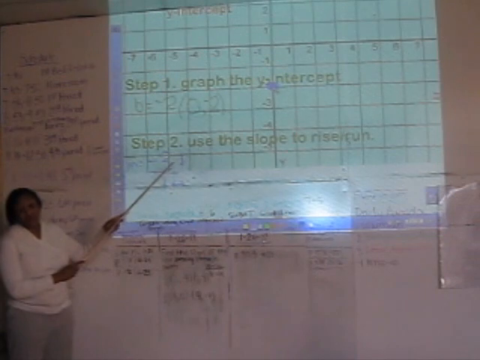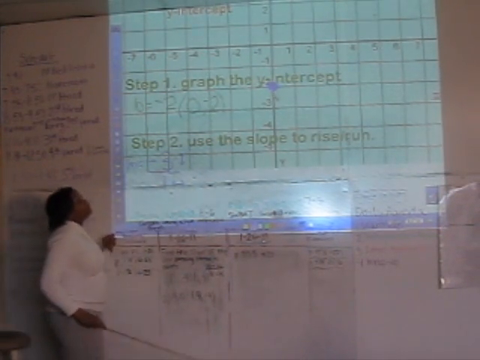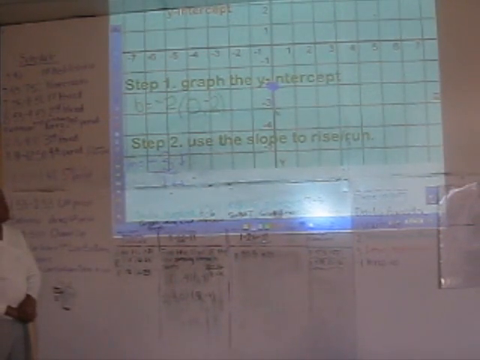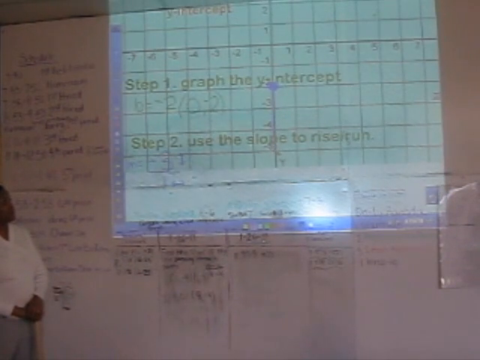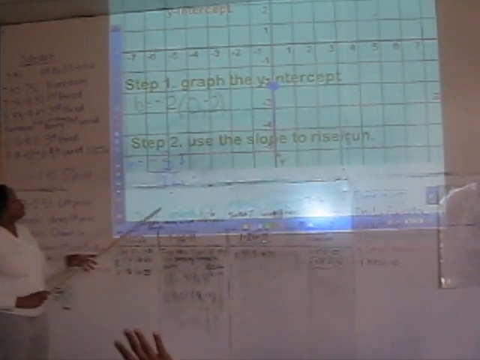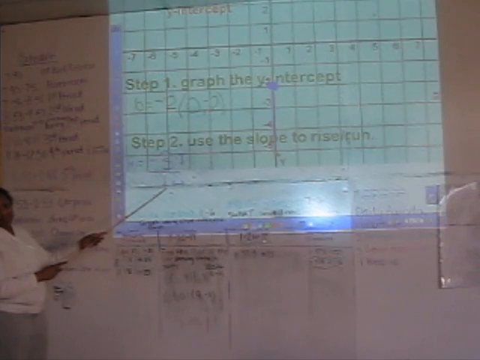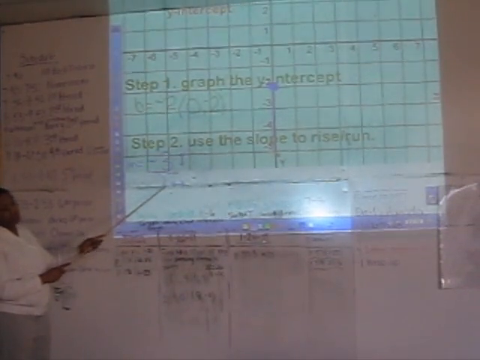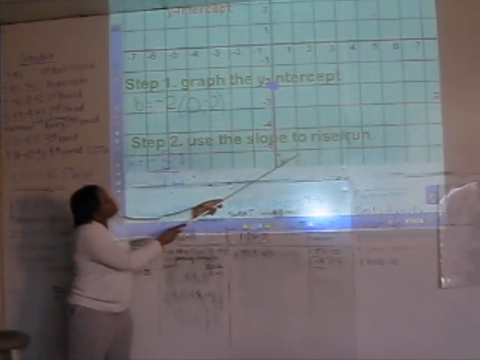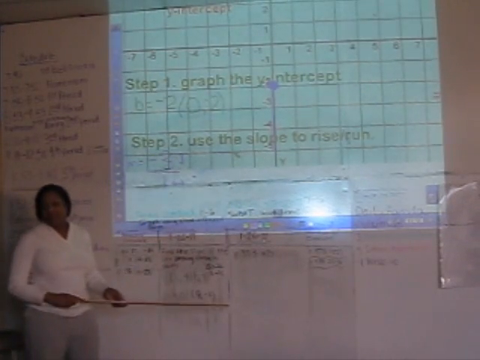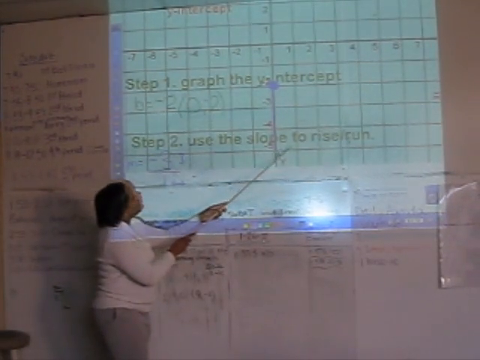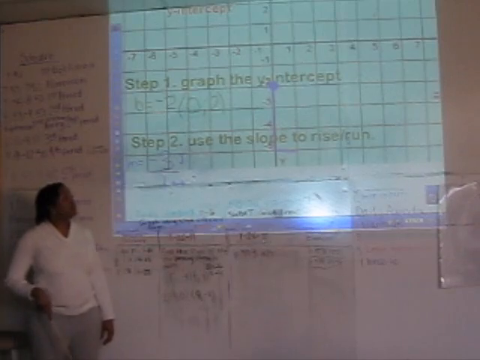That's the rise, so we need to go down 3. So Miss Wilson is going to show us with her pen going down 3. Now the run is 1, positive 1. You think we need to go to the right from that point or to the left? Right. To the right, so we go to the right 1. You do that one more time.